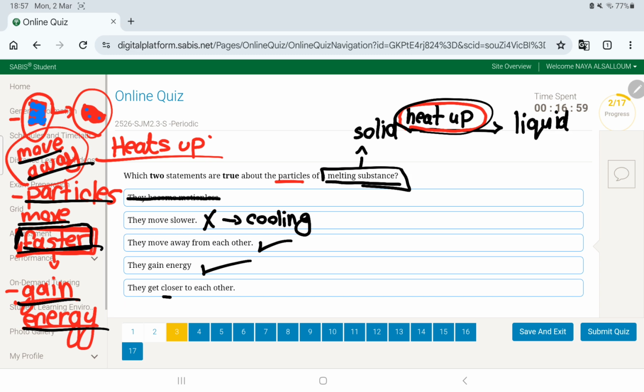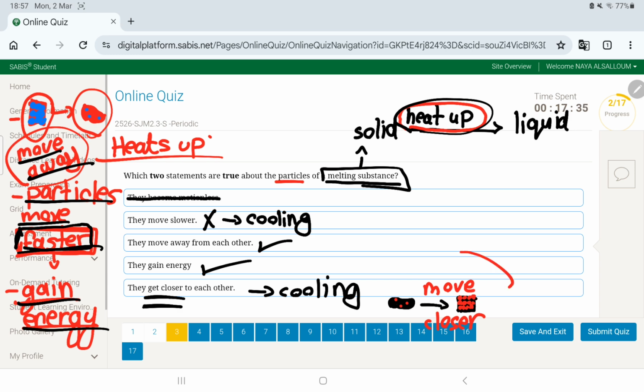They get closer to each other. What did we say getting closer is for cooling? Okay? Once again, here, the same example I keep giving you guys. Here, we have from liquid to solid ice. The particles turn from being free to being tightly packed. Right? So obviously what happened? They move closer.